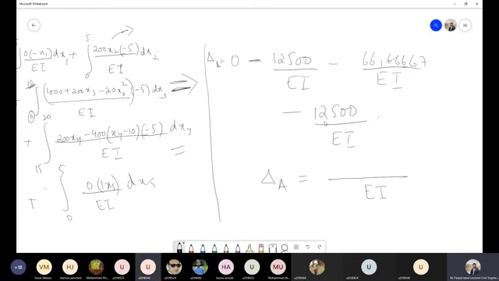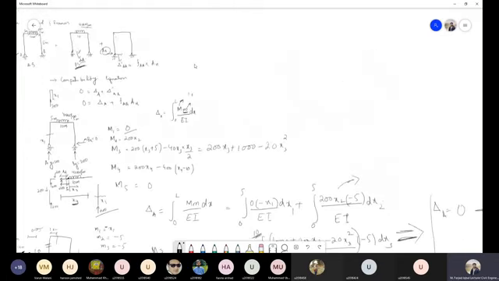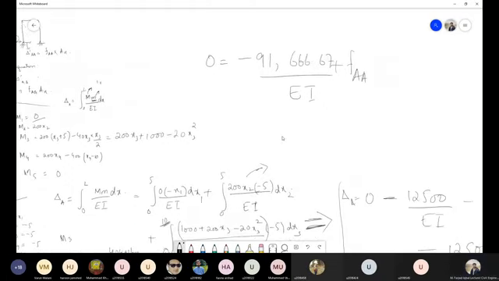Minus 91,666.67. So this is our delta A. So we have calculated one factor in this equation, that is 0 is equal to minus 91,666 over EI plus we still need to find out FAA into AX. So can anyone tell me how can we get FAA?